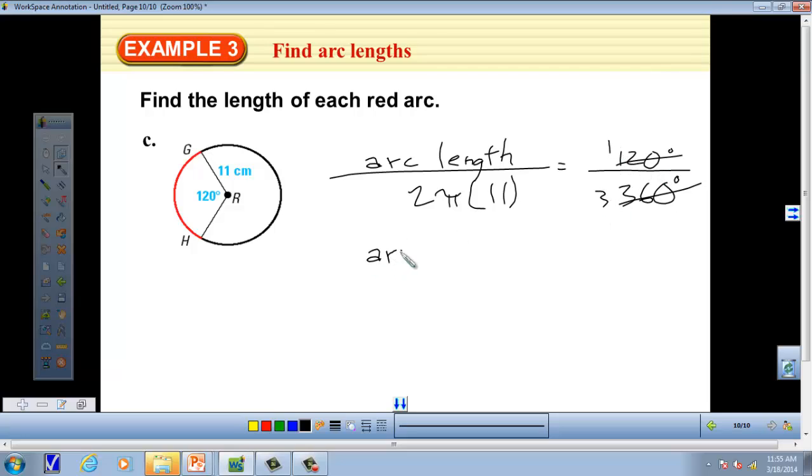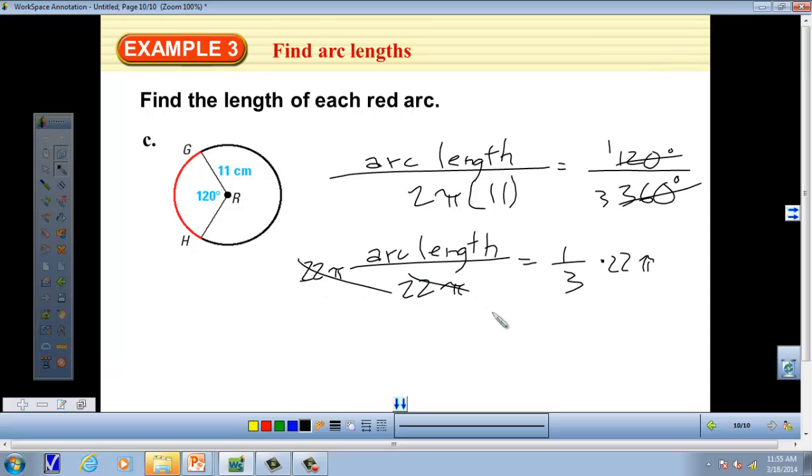We get arc length over 22 pi, and that equals 1 over 3. We're going to multiply both sides by 22 pi, so that the 22 pi's cancel.